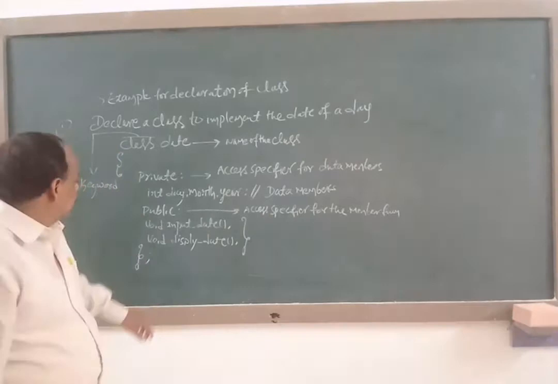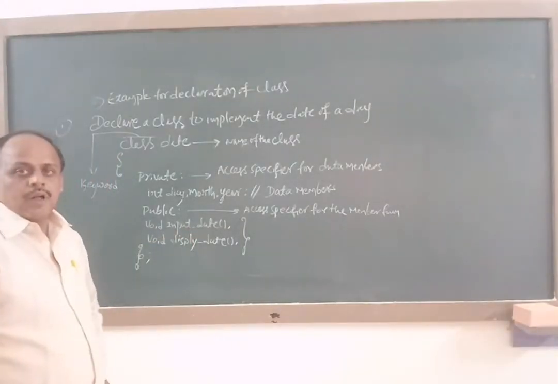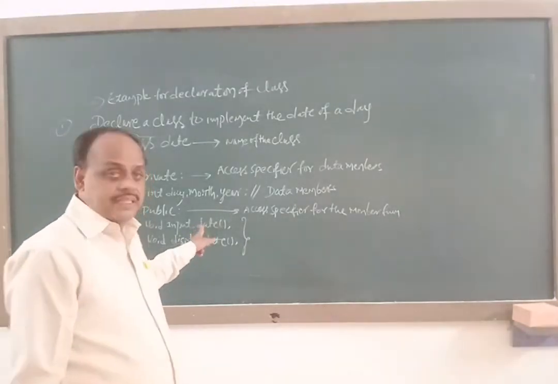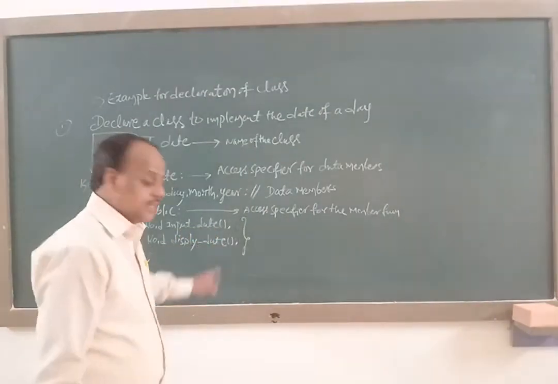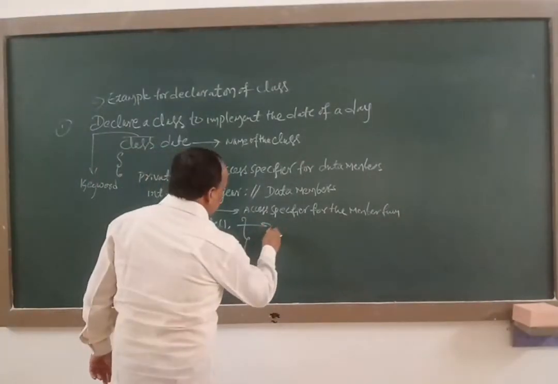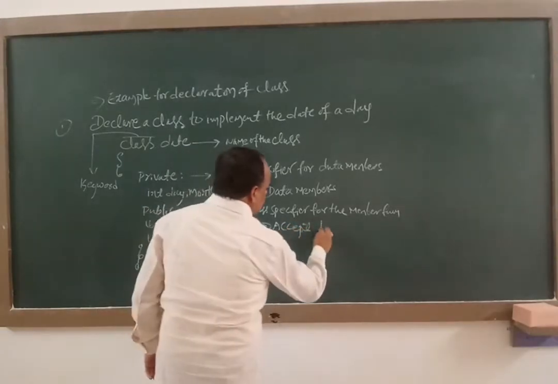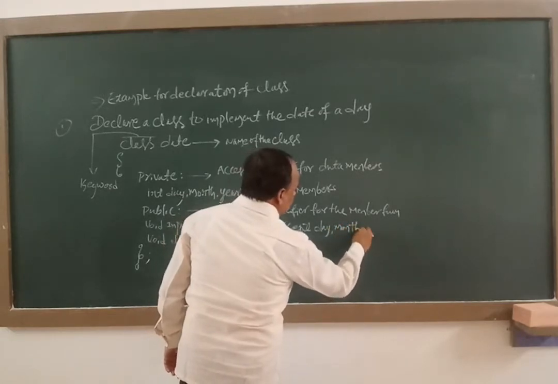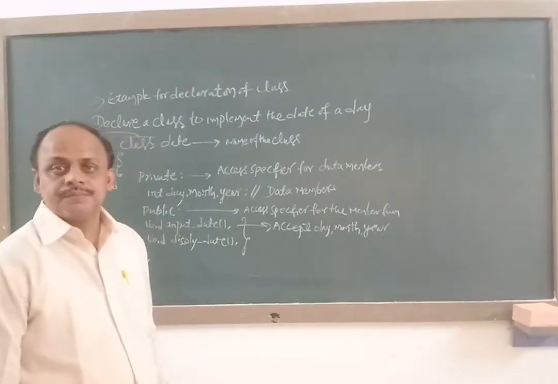And these functions are going to perform operations. That is why I consider two member functions here. The input date function is going to accept day, month, year from the user.